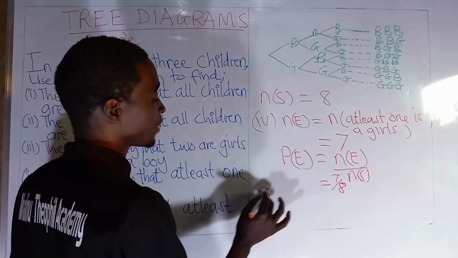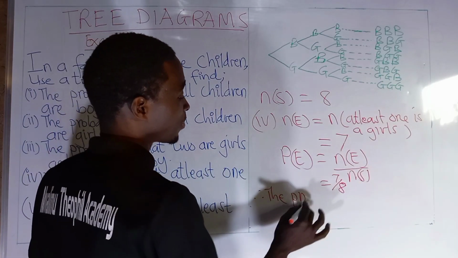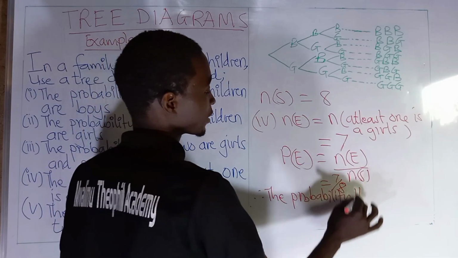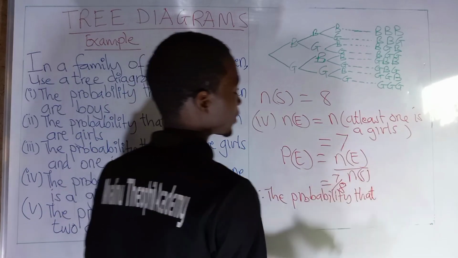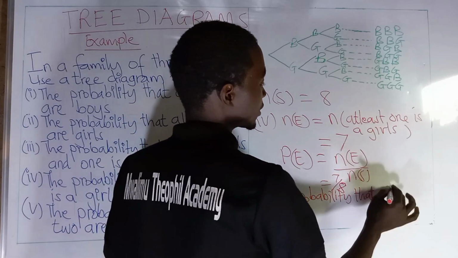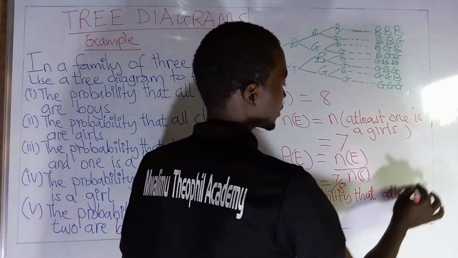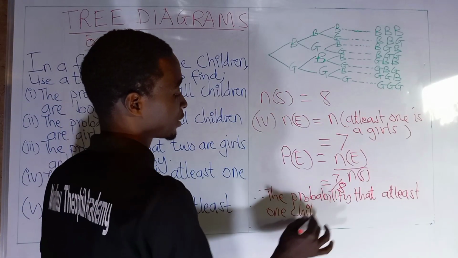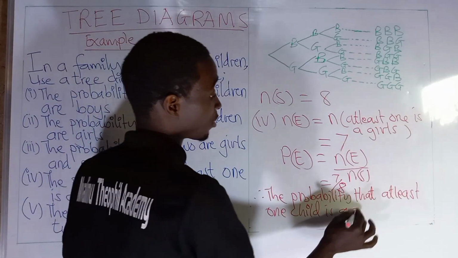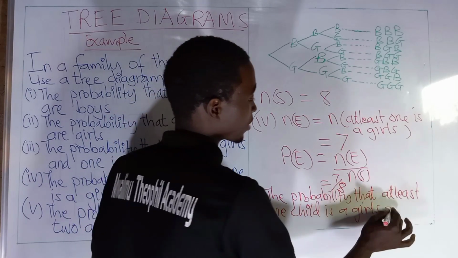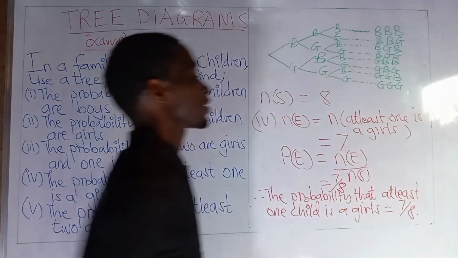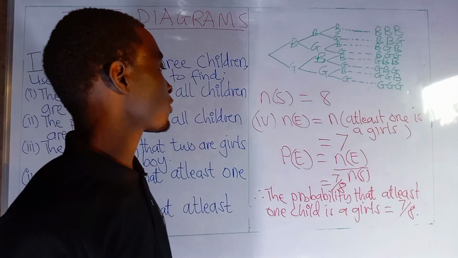So we say the probability that at least one child is a girl will be equal to 7 over 8. So this will be the solution for the fourth part.